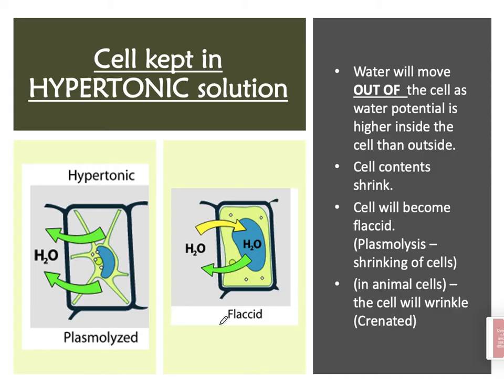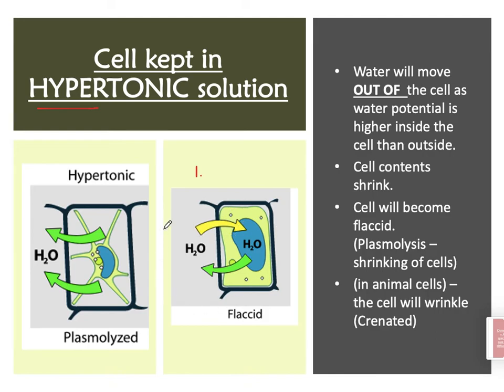Now talk about hypertonic. We have already discussed hyper means having a large number of solutes, and obviously vice versa, less water, less quantity of water in it, right? So if a cell is kept in a hypertonic solution, the solution definitely is going to have more solute, less water in comparison to the cell. So what will happen? This is the first stage, okay? And this is the second stage. So first let's talk about the first stage. What happens?